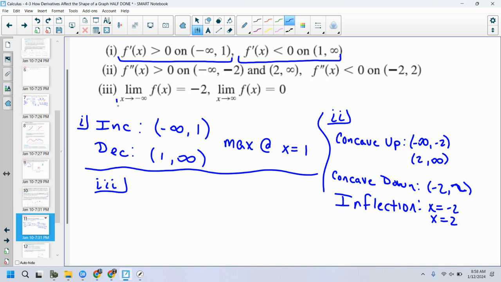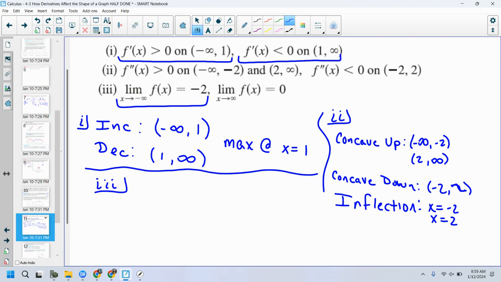The limit as x goes to -infinity is -2. Somebody tell me, what is that? On the left side, what's happening? It's leveling off at -2.